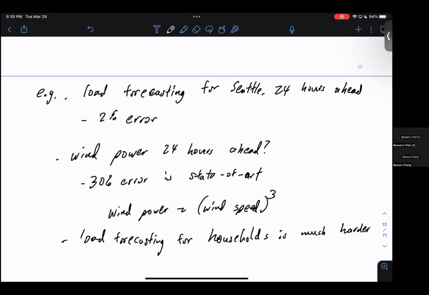Forecasting for small customers is also much harder, because you don't have the averaging effect. When you have a lot of people, it averages out and it doesn't really matter what individuals do. However, when you're forecasting for a small number of households, it's much harder.